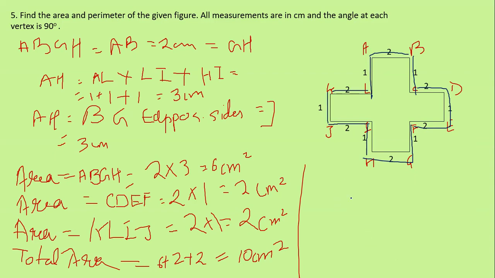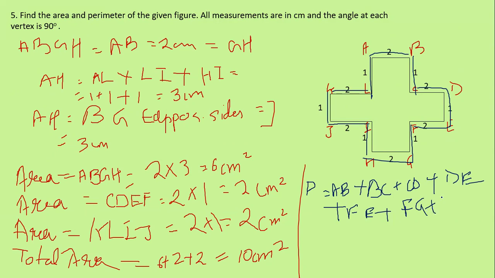So what I will do, I will calculate the boundary. So boundary, that is perimeter, will be equals to AB plus BC plus CD, right, plus DE, right, plus FE plus FG plus GH, right.